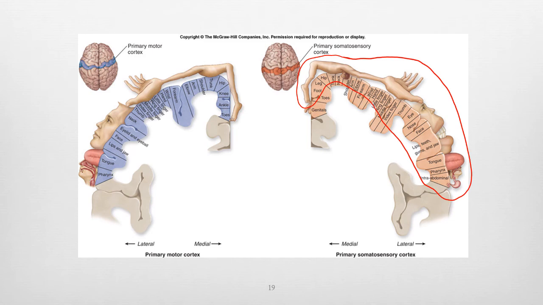And so when we look at it, we can see that on both the sensory and the motor side, we don't really have equal representation of the body parts. And so our face, our head, is disproportionately large compared to, say, our torso.